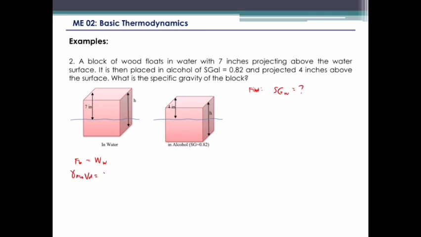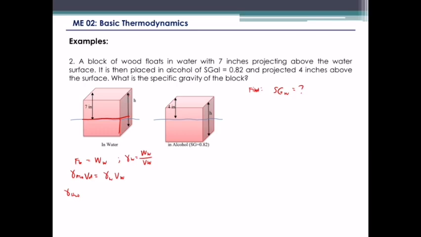From the formula, gamma of the wood is equal to weight of the wood over volume of the wood. So the weight of the wood, therefore, is gamma of the wood times volume of the wood. Now, gamma of water, volume displaced, is equal to area times this height.